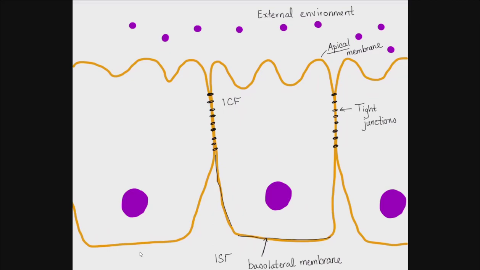In my drawing here, I have a pretty strong concentration gradient of purple dots because they're concentrated in the external environment, whereas there's none in this intracellular fluid and there's none in the ISF. So if I want to cross the apical membrane, is that going to be active or passive transport? Well, that's going to be passive transport because I'm moving from an area of higher concentration to lower concentration.